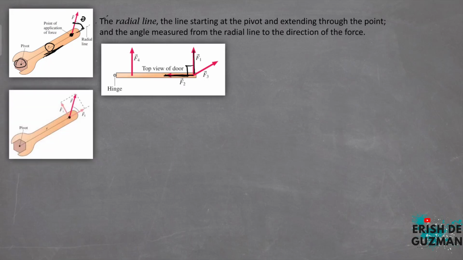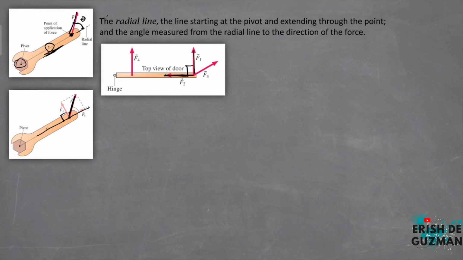Another figure, dito sa figure naman na to, ipinapakita dito yung dalawang component vectors nung force. So, we have two components. Yung isa, force parallel dito sa radial line. Yung isa naman is force perpendicular dito sa radial line.